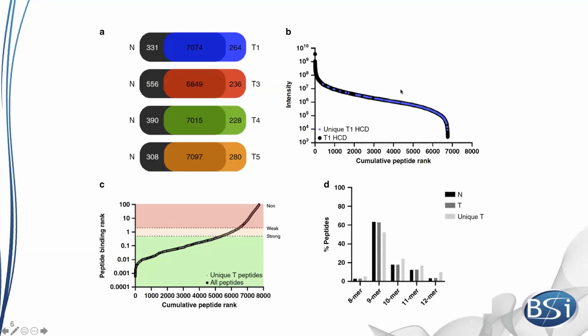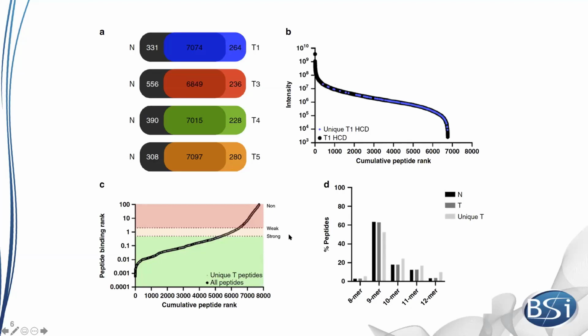In panel B here, they show from tumor clone 1, they ranked these based on decreasing intensity, and the blue dots shown along this curve represent peptides unique to tumor clone 1. You can see that although they represent a small portion of the total tumor clone ligandome, they are fairly abundant on this curve.